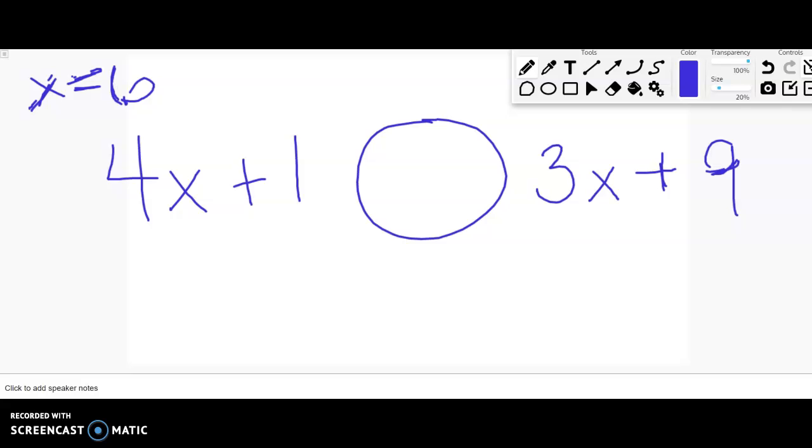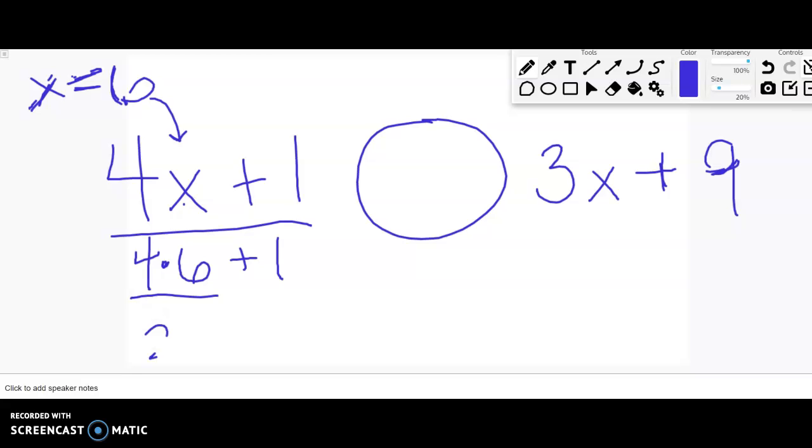Sorry, my pen's being a little funky. So if x equals 6, well, I can figure out what this side is equal to. 4x means 4 times x. I'm going to substitute 6 in, so 4 times 6 plus 1. I multiply first, so 4 times 6 is 24, plus 1 is 25. So I know this side, when x equals 6, is equal to 25.